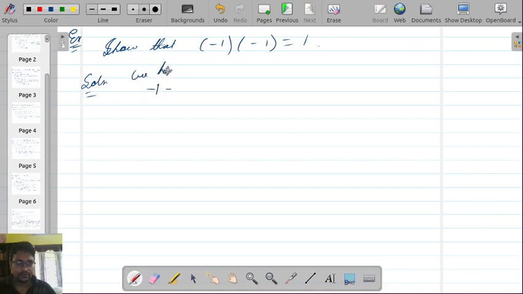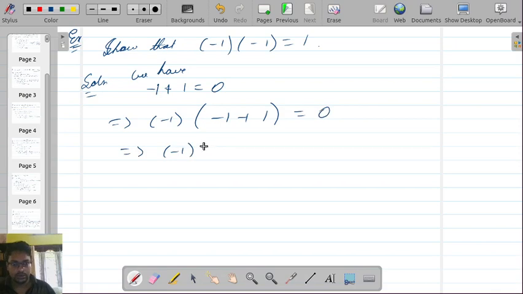We have minus 1 plus 1, this is equal to 0. So from there you multiply both sides by minus 1. Okay, this is equal to 0. So from here minus 1 into minus 1, okay, plus minus. So here I am applying the distributive property. Okay, sorry, this one also, this will be minus 1 dot 0.